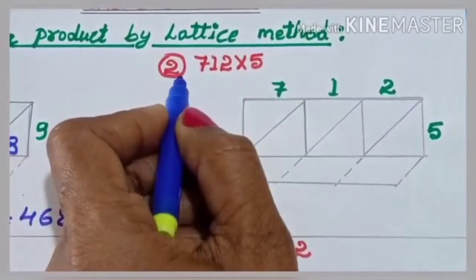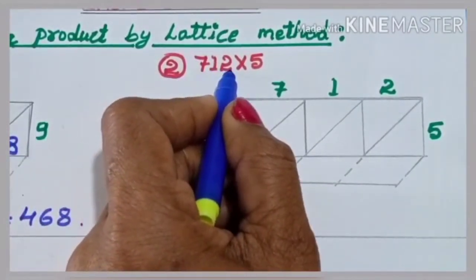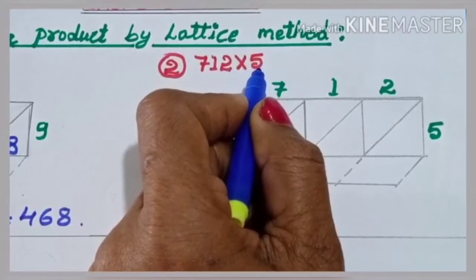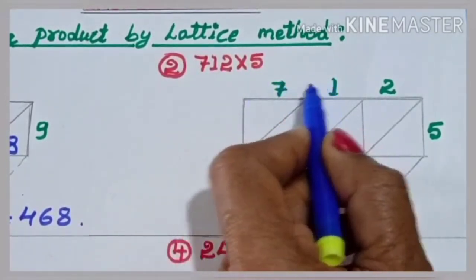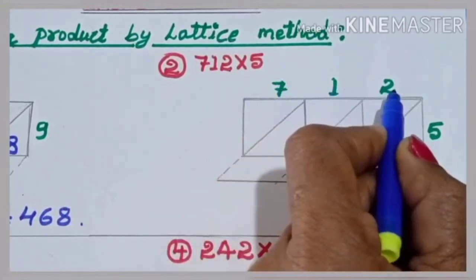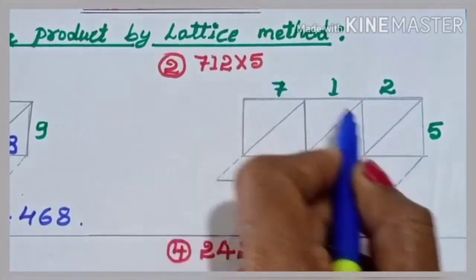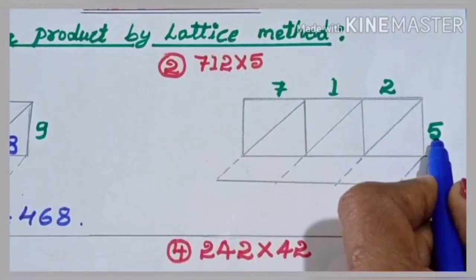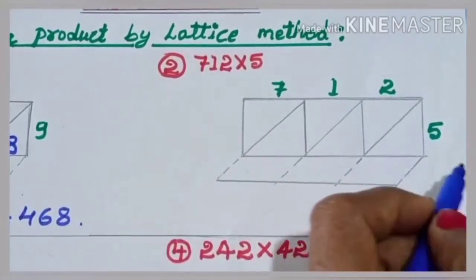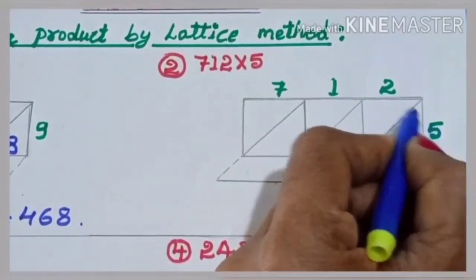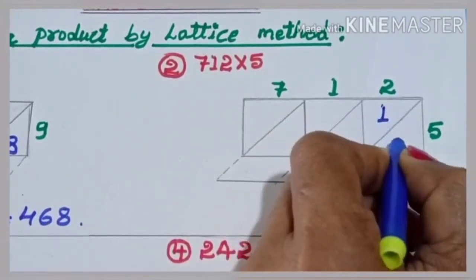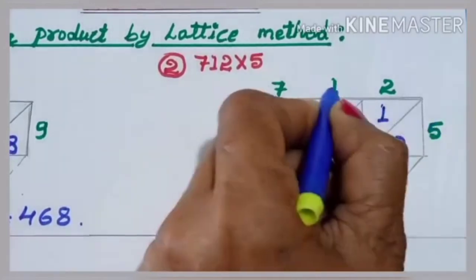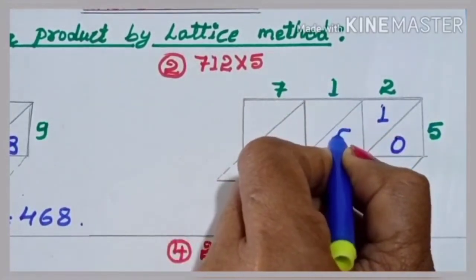Now second question, 712 multiplied by 5. Write the multiplicand above the box, 712, and write the multiplier 5 on the right side of the box. Now multiply. 5 twos are 10. Write 10 in the box. Now 5 ones are 5.